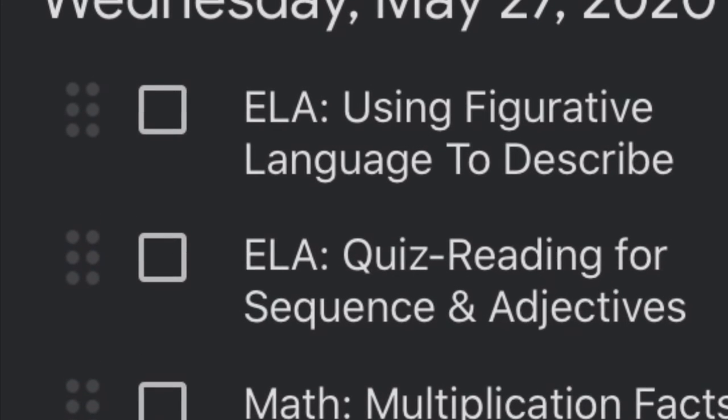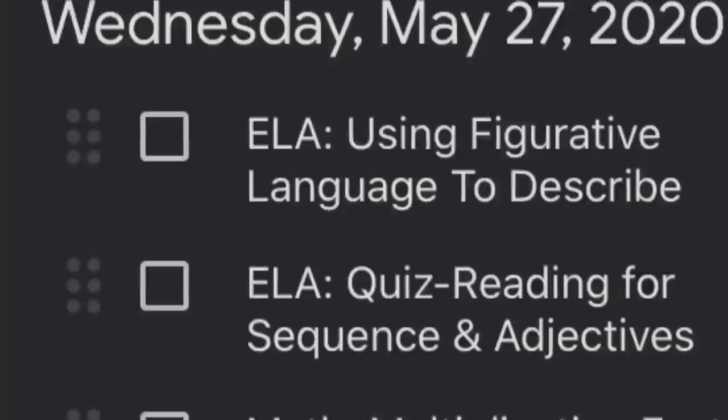Today's ELA lesson is using figurative language to describe.